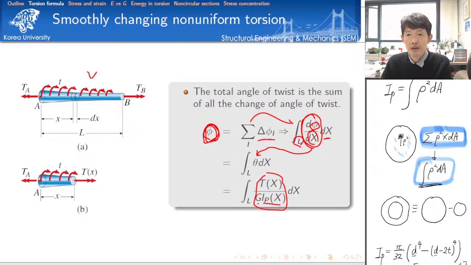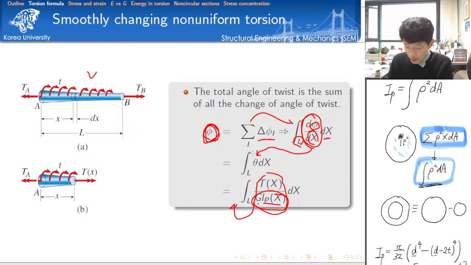Once you calculate the internal torsional moment distribution as a function of the x coordinate, you just integrate the torsional moment divided by the shear modulus and the polar moment of inertia for the section. If you consider just a constant cross section, then you can take the shear modulus and the polar moment of inertia outside.